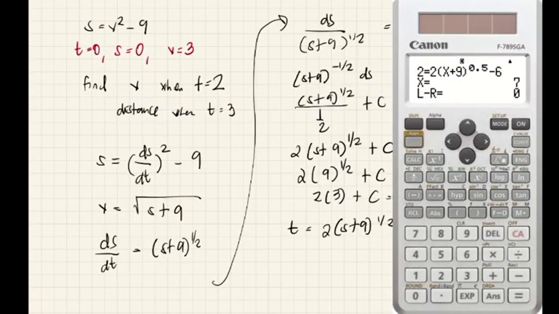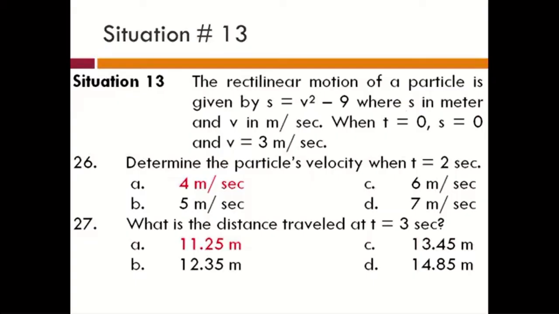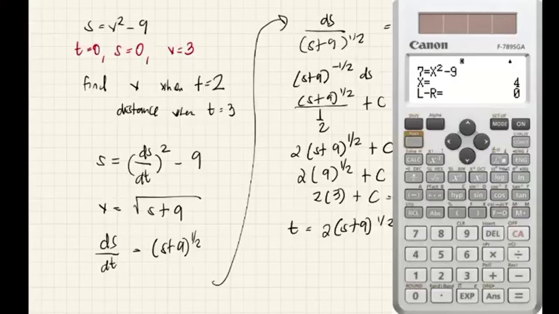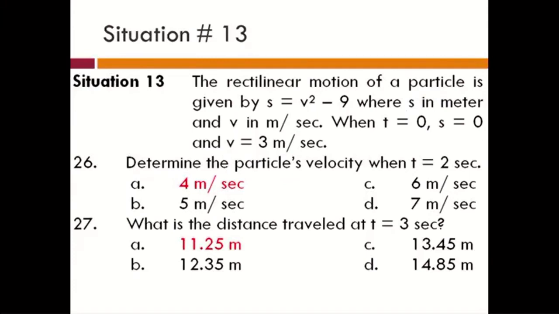If S equals 7, gagamitin natin tong equation na to. 7 equals V squared minus 9. 4 ang sagot. Okay? So, yan. 4 meters per second. So, yan. So, we have solved number 26. I think pwede na yung mga example natin yan. Parang napaparami na tayo dyan.